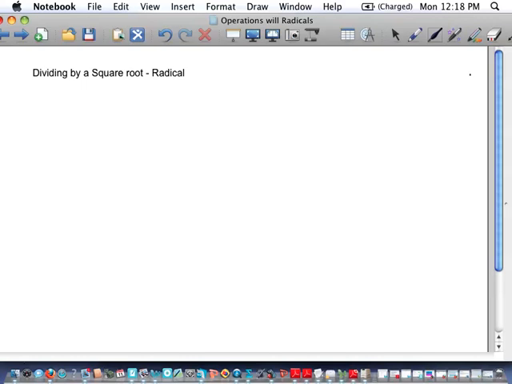If I have, for example, the square root of 3 divided by the square root of 9, I can apply the property that says that's the square root of 3 over 9, which would become the square root of 1/3.